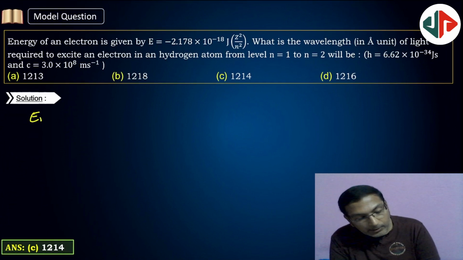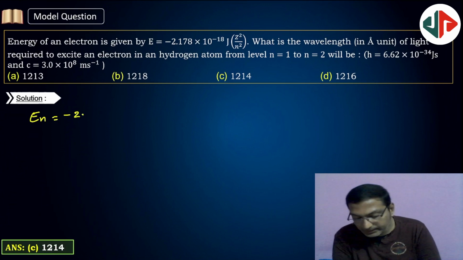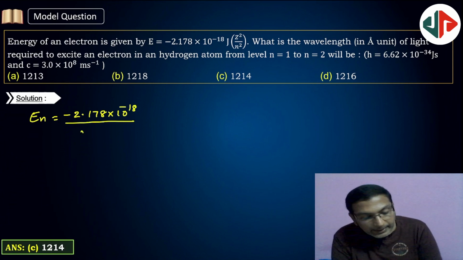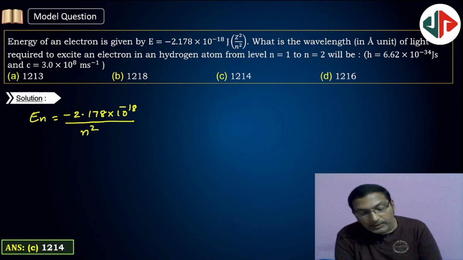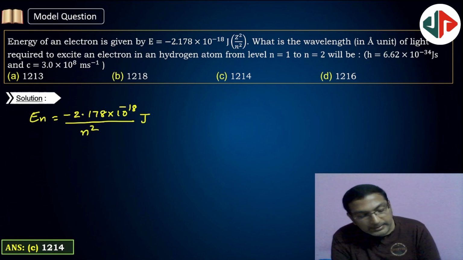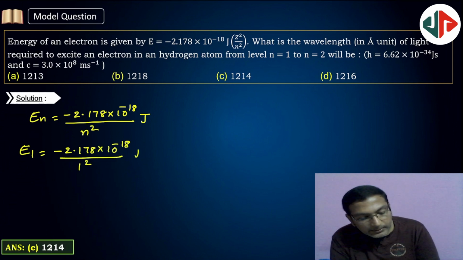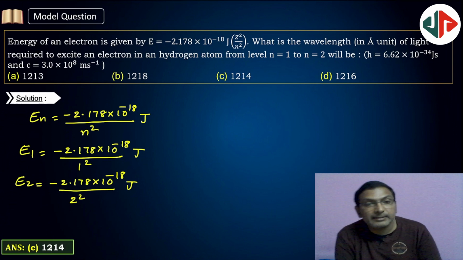So energy of nth orbit minus 2.178 into 10 power minus 18 by n square, for hydrogen atom Z equal to 1, joules. So E1 is minus 2.178 into 10 power minus 18 by 1 square joules. And E2 is minus 2.178 into 10 power minus 18 by 2 square joules.